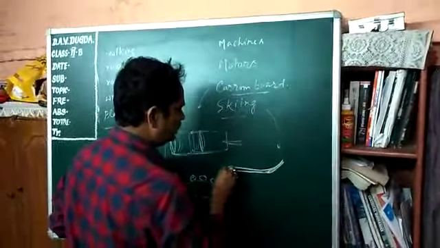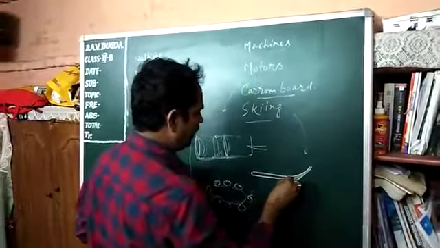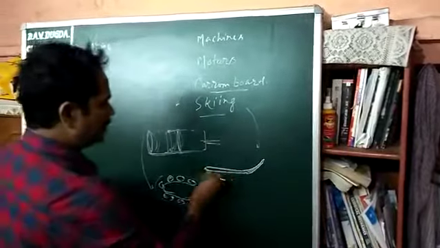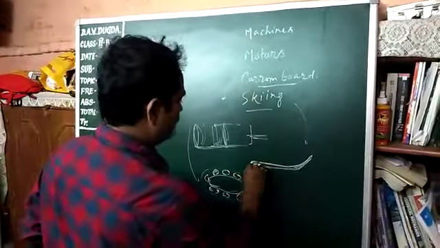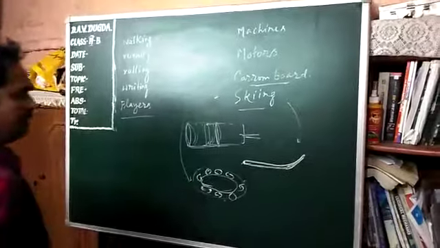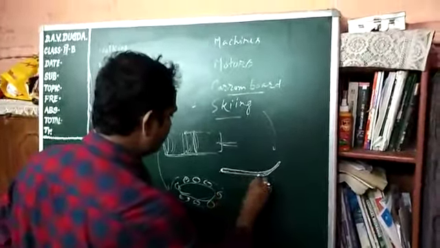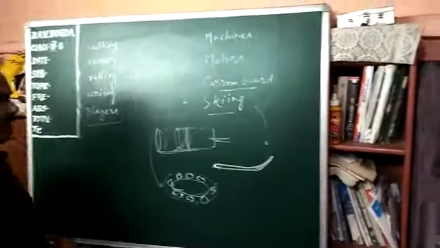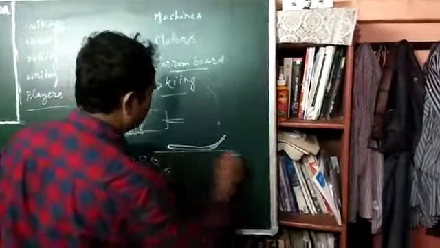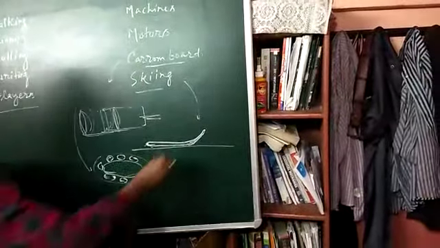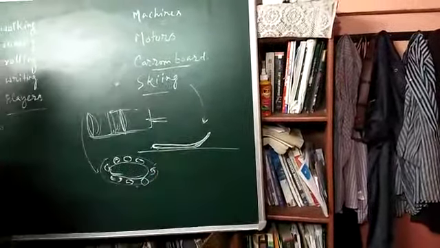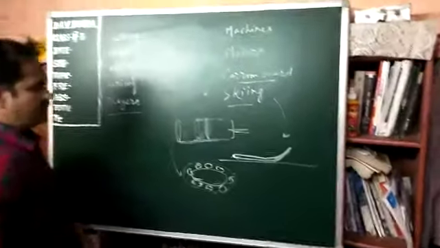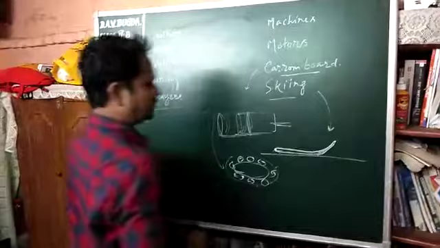That shoe has a solid metal plate shaped in this manner, and here the surface is very smooth, and this can slide over solid ice very smoothly, and a very small amount of friction is there. So specially designed shoes are used for ice skiing, and this way we reduce the friction between the ice and these specially designed shoes.